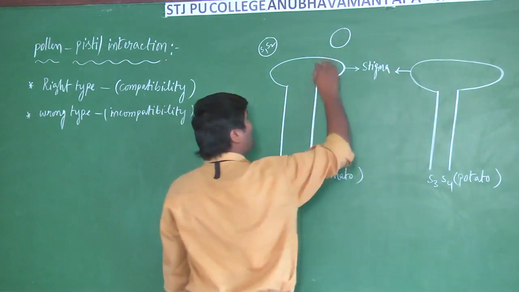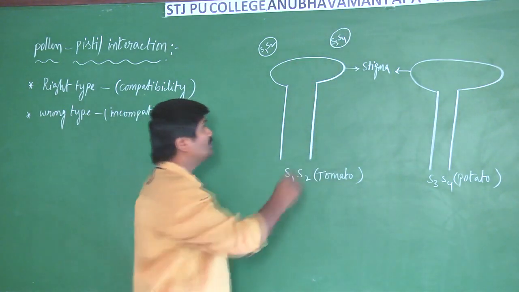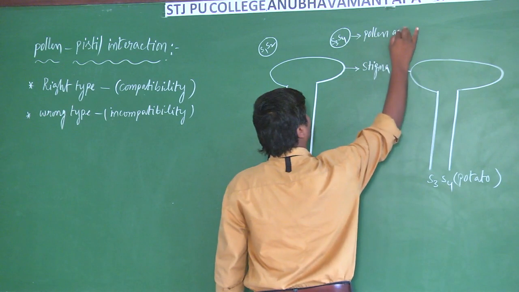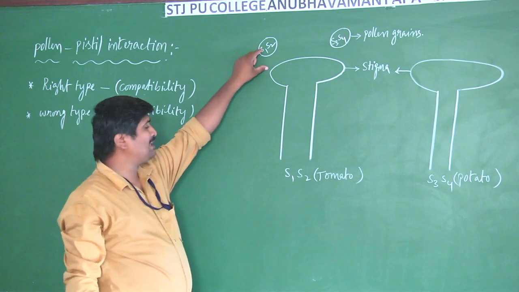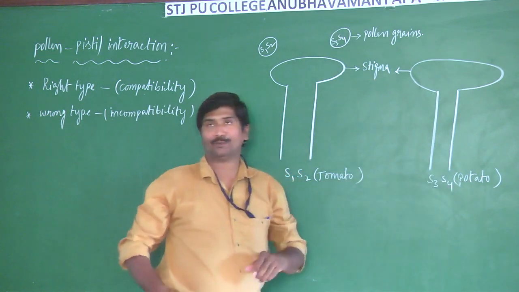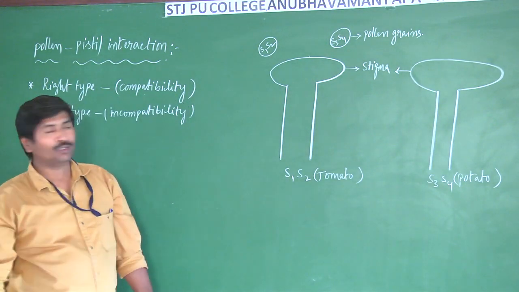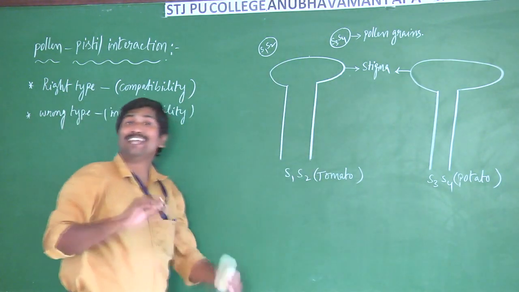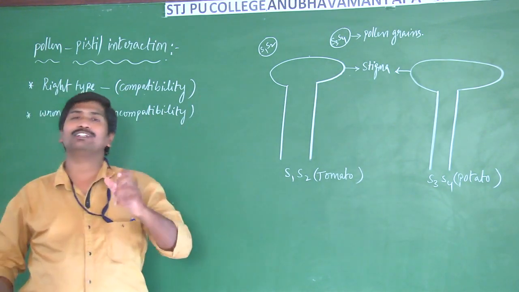Here this is another pollen grain, for example S3 and S4. This pollen grain belongs to the tomato, and this one belongs to the potato. Now both pollen grains are landing on the stigmatic lobe. When both land, the pistil has the ability to recognize whether it is the right type of pollen or the wrong type.